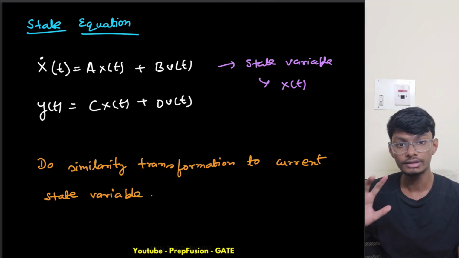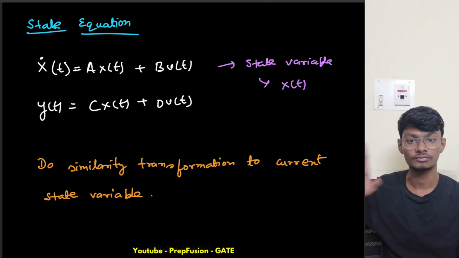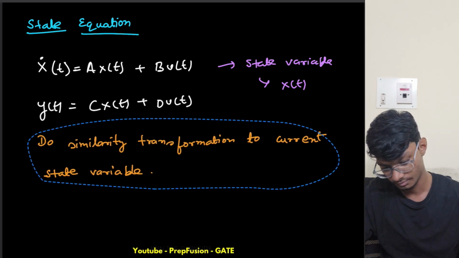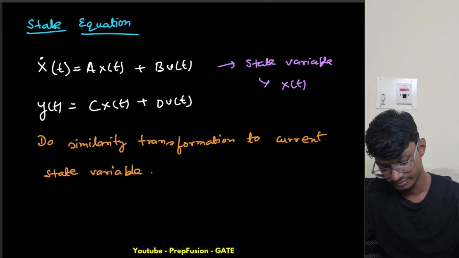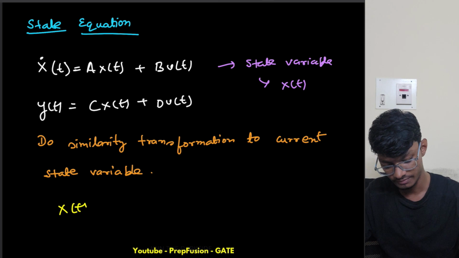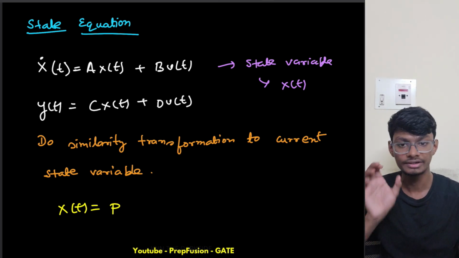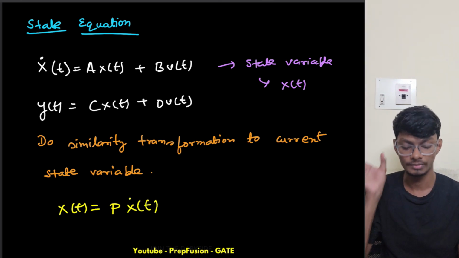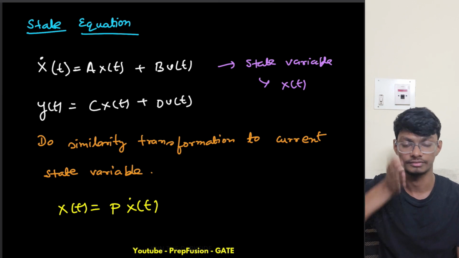Now how will my previous state variable relate with the current state variable? My previous state variable was x of t, and my current state variable will be some arbitrary matrix P multiplied with x bar of t. Sorry, this is not dot, this is just a bar. This will be my relation between the current and previous state variable.